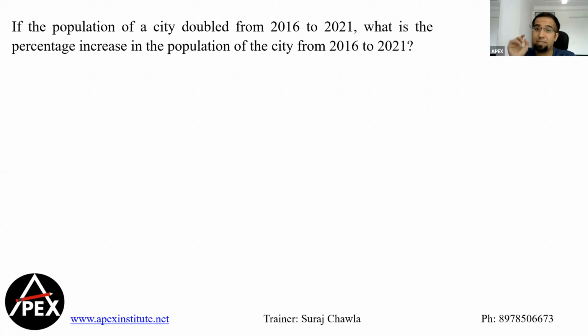Now, this is a perfect question to understand the application of the percentage change formula, guys. Let's first try to understand this. The population of a city doubled from 2016 to 2021. So let me assume the population of 2016 is X. So can I say the population of 2021 is 2X?